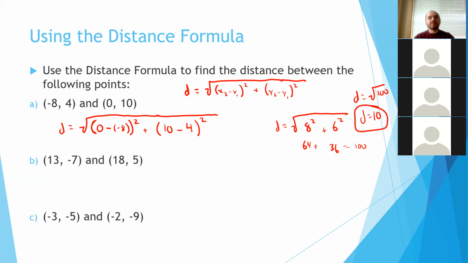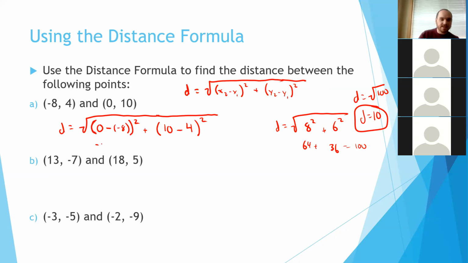Now, quick question for you. If I had done this backwards and had had -8 minus 0 and 4 minus 10, I would have gotten two negative numbers. Would my answer have been different? No. Why not? Because a negative number minus a negative number is a double negative. Kind of true, but there's actually something else that's important here.